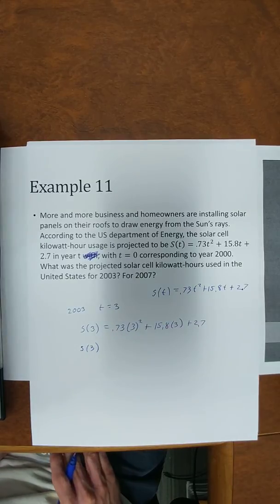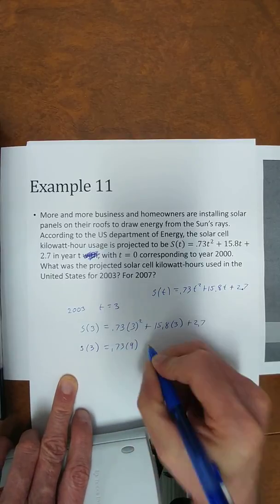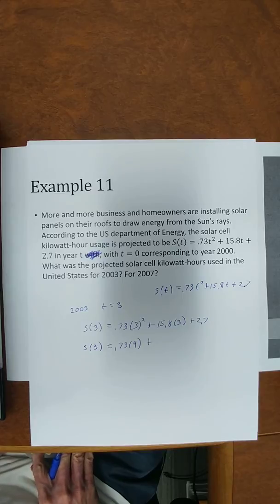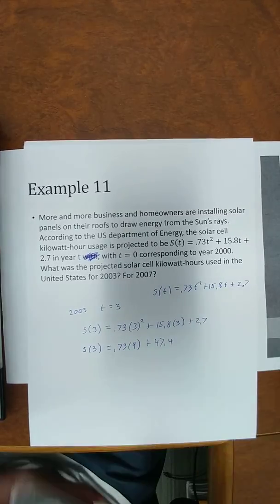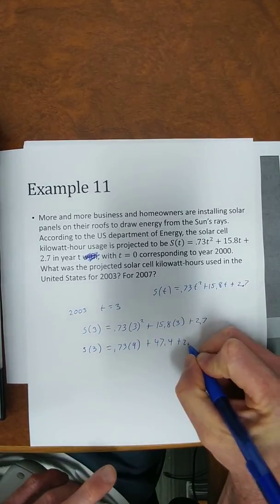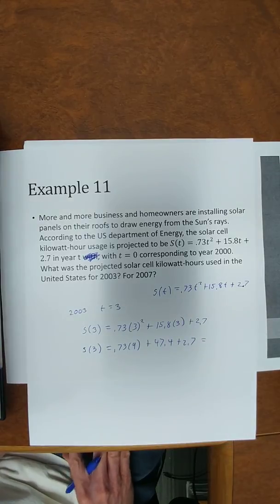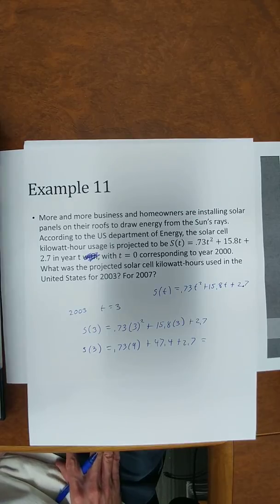3 squared is 9, by the way. And then 15.8 times 3 is what I meant to say. It's 47.4 plus 2.7. And I'm just going to run the rest of that in one line on the calculator. I think most of you can handle this substitution.